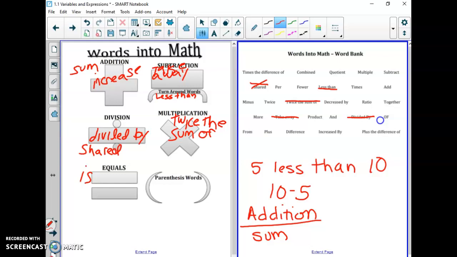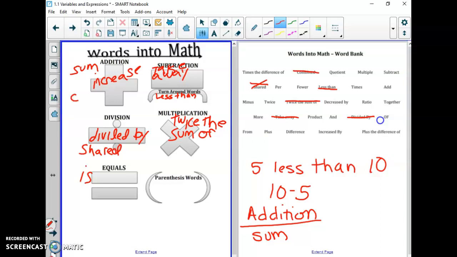Combine. Okay, combine. Which one is that going to go into? Addition. Correct. Combine will go into addition.